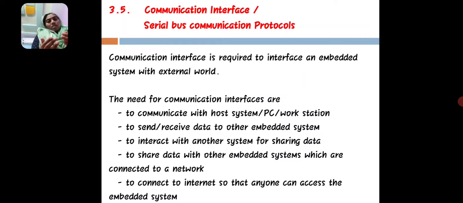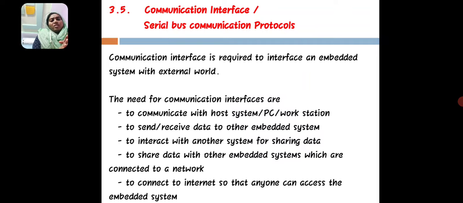Because in this serial communication we send the data serially, one by one. So for most of the communication devices we use serial communication protocols. There are a lot of serial communication buses.